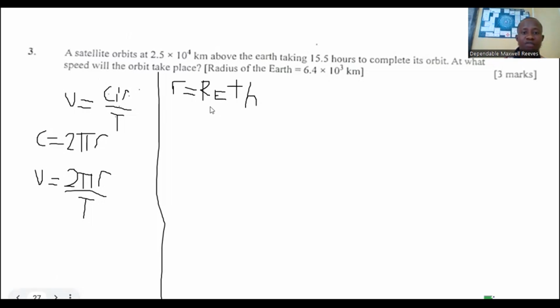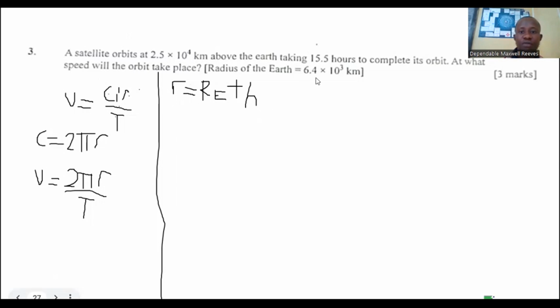The radius of the Earth is given as 6.4 times 10 to the 3rd power kilometers, and the altitude of the satellite is 2.5 times 10 to the 4th power. For simplicity in the video, we will write these values given in standard form in the expanded form and solve. If you want to leave it, you can leave it there and solve; you still come to the same answer.